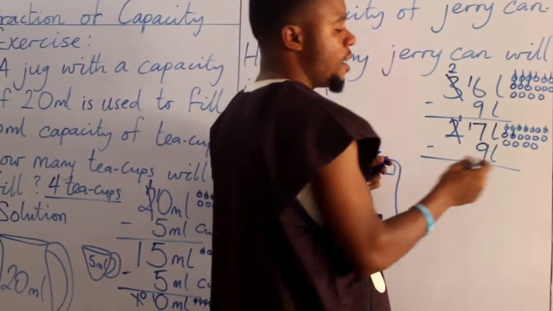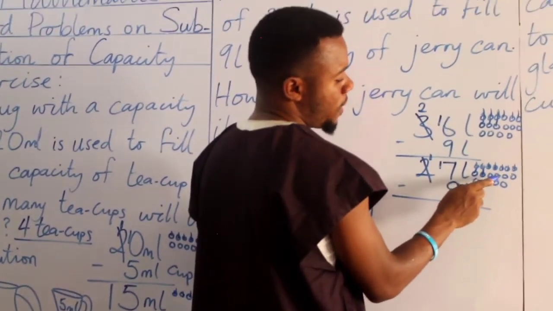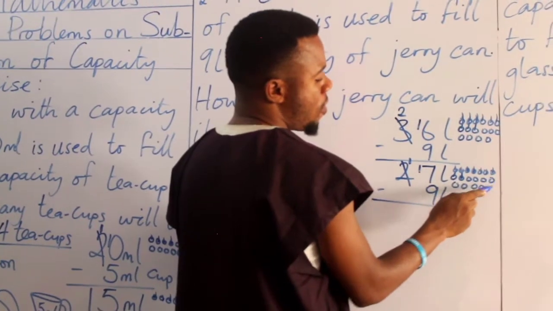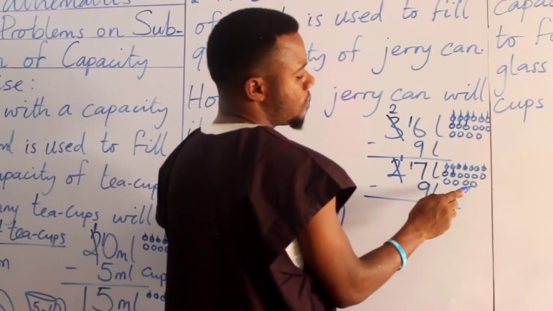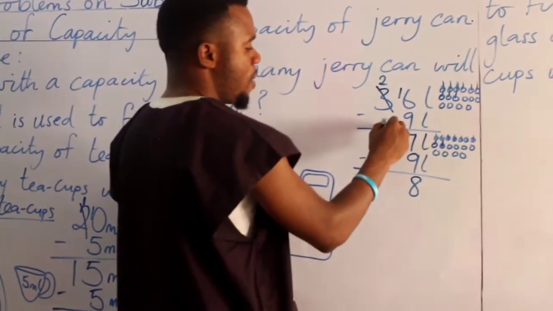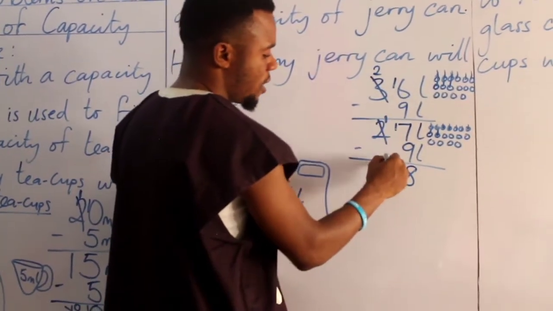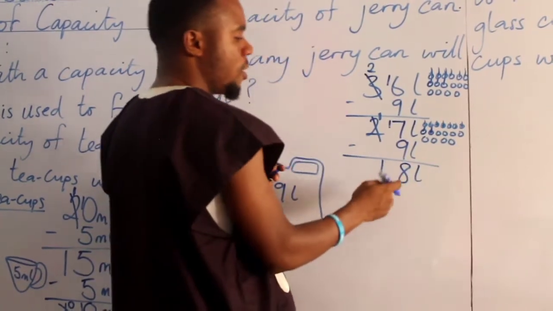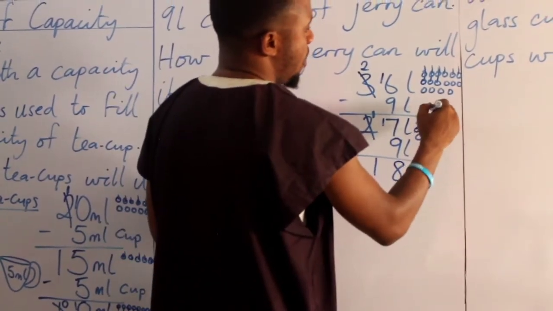So what do you have left? Count with me. 1, 2, 3, 4, 5, 6, 7, 8. You have 8 left. Remember we have 1 up here. We bring it down. So this is our what? Remember this what? Our jerry can.